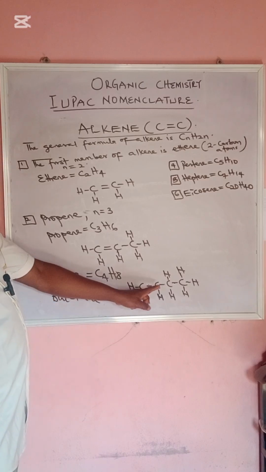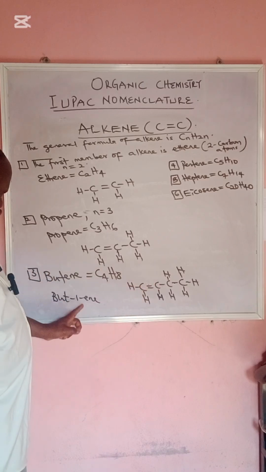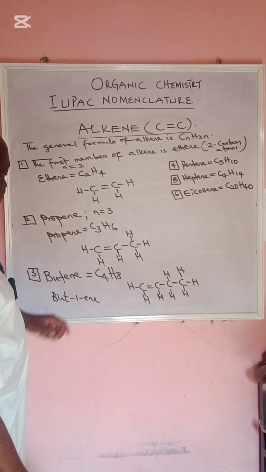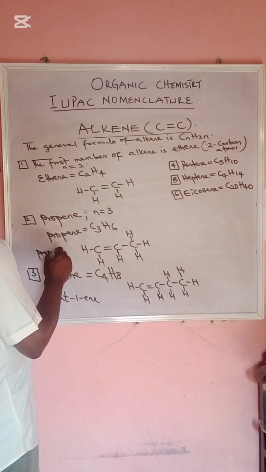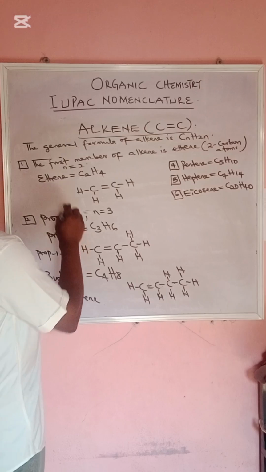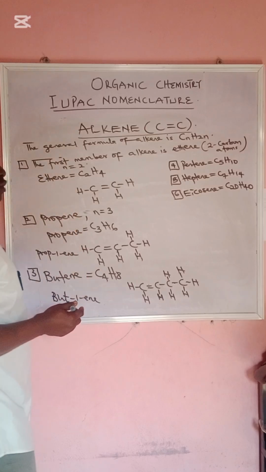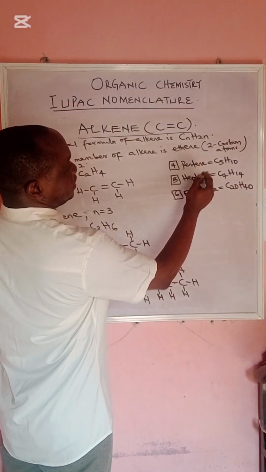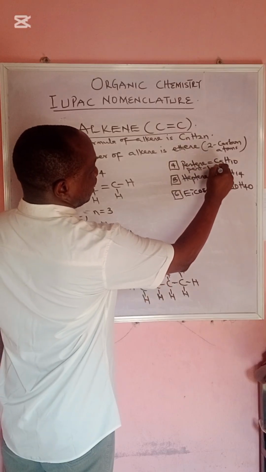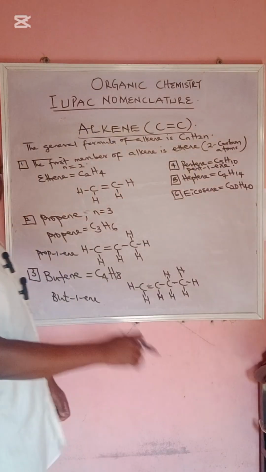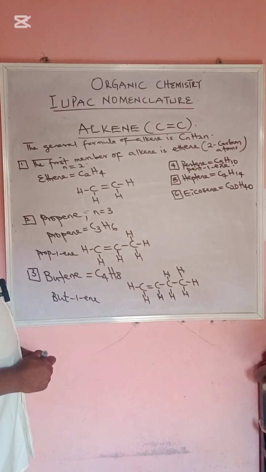So butane is the same thing as but-1-ene. Propane is the same thing as prop-1-ene. Ethane, eth-1-ene. Pentane, you can call it pent-1-ene, and so on and so forth like that. Take note of that.